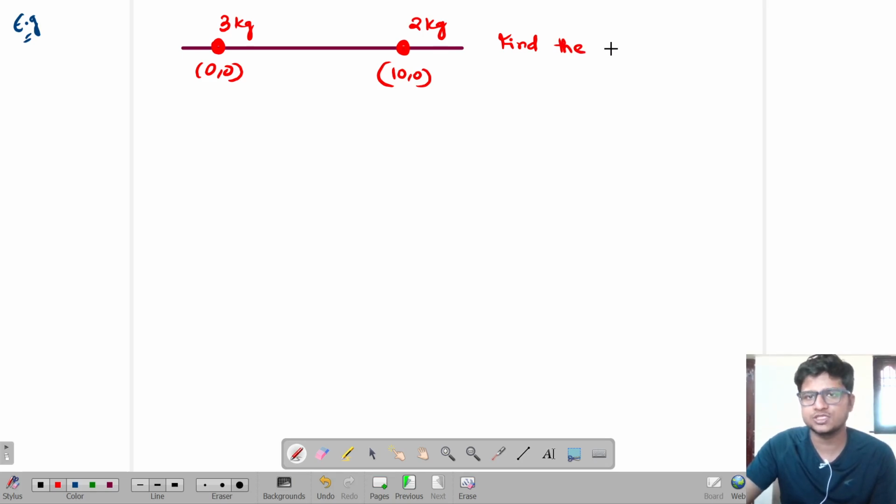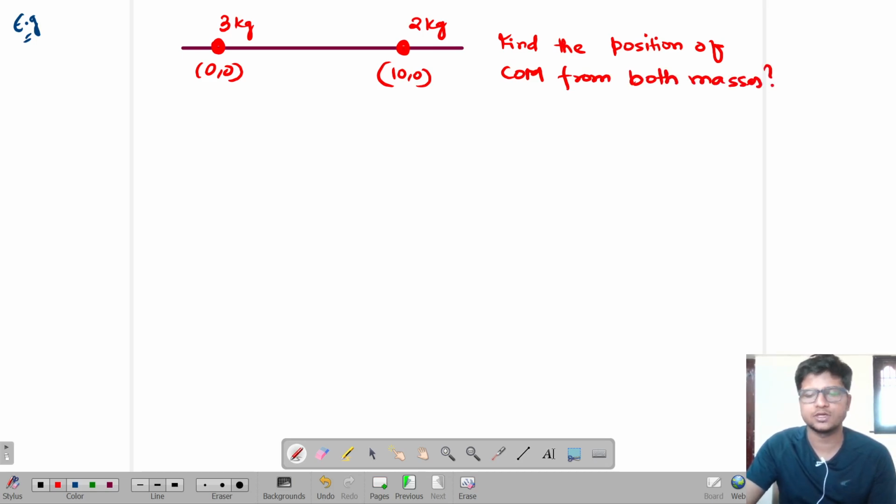Find the position of center of mass from both masses.